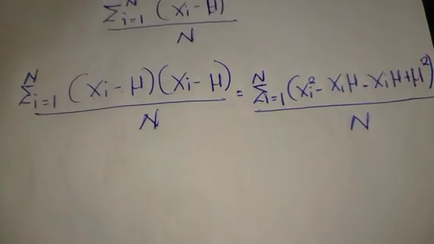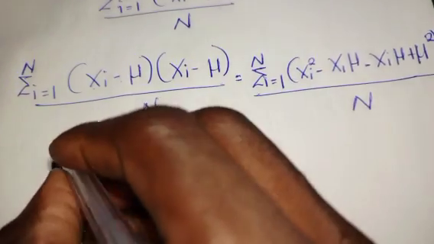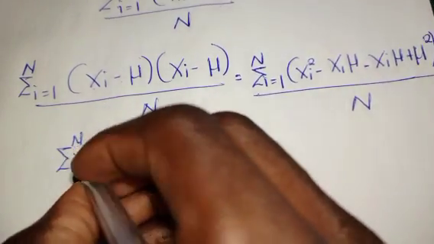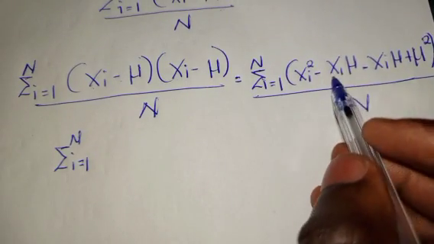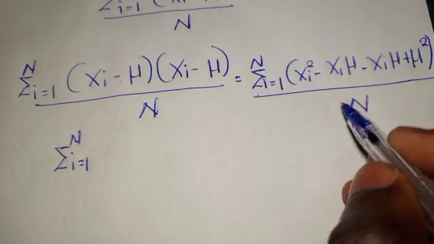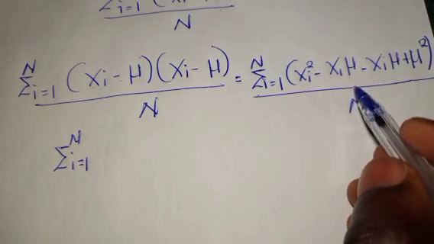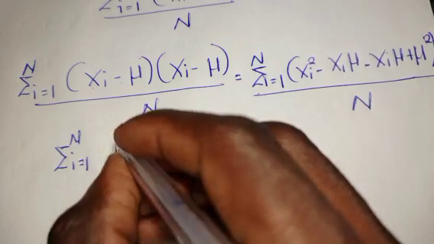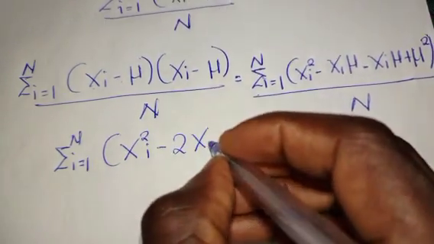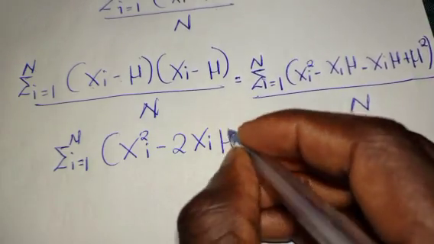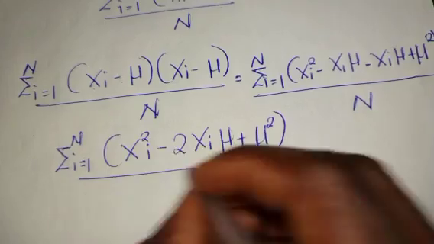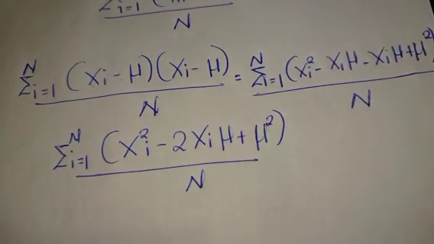Then from here we simplify. We have the summation of i equals 1 to n, where negative x_i mu minus x_i mu is equal to negative 2 x_i mu. So we have x_i squared minus 2 x_i mu plus mu squared, divided by n.